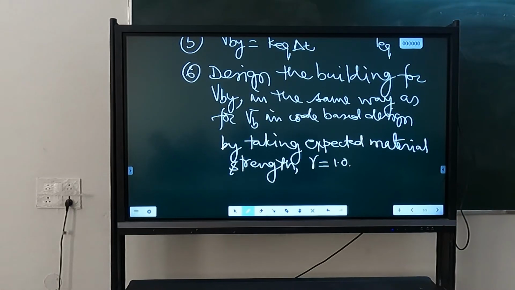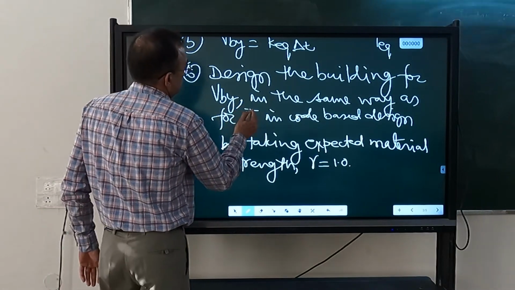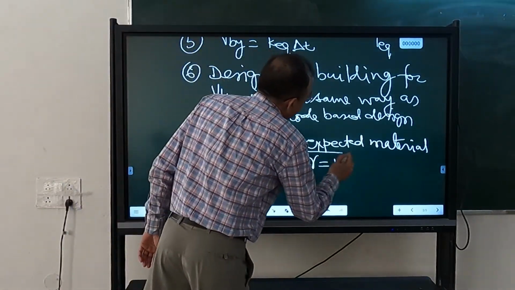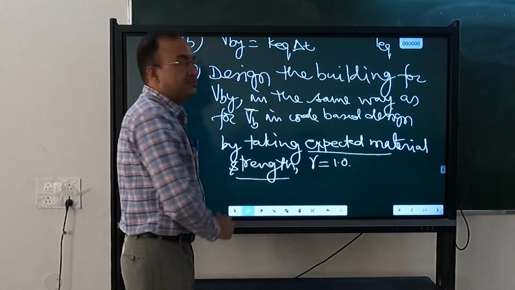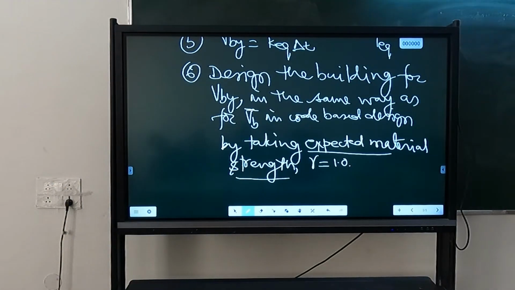But design will be done taking expected material strength, fck plus 1.64 sigma, fy plus 1.64 sigma, in place of fck and fy, and partial factors of safety gamma equal to 1.